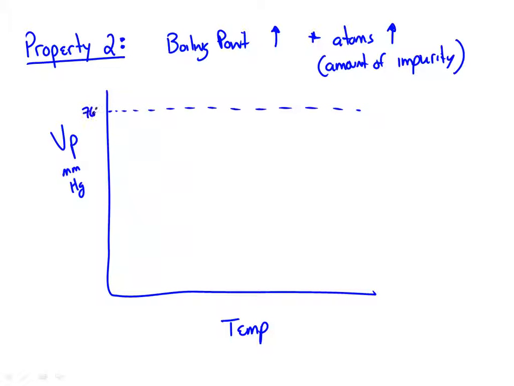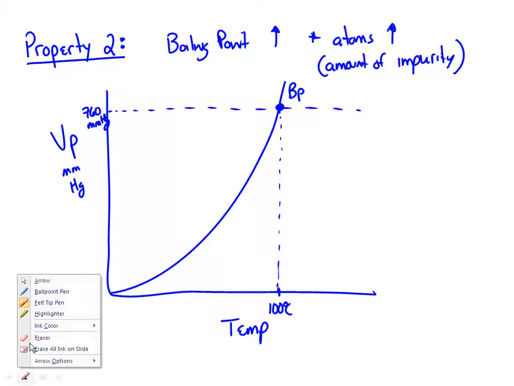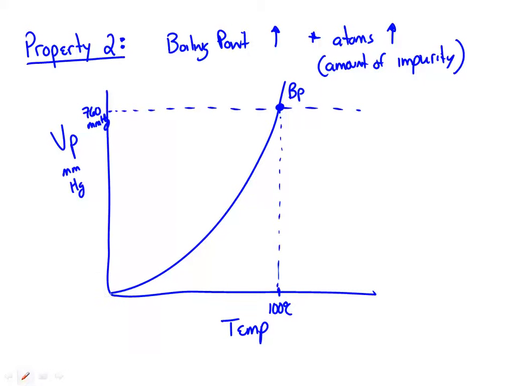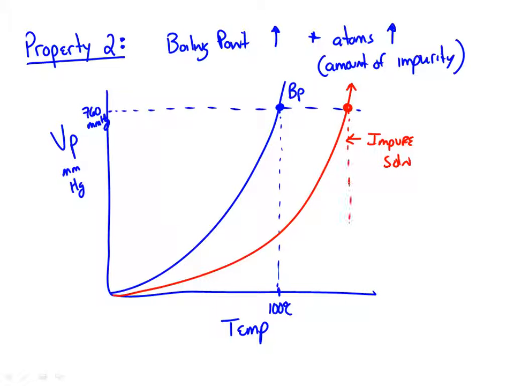If this is 760 millimeters of mercury, we know that for a pure substance it goes like this, and this represents the boiling point. If we drop it down, maybe the boiling point, if it's water, is 100 degrees Celsius. Then if we add that impurity, remember, that causes my solution to decrease in vapor pressure. So this is the impure solution, and notice its boiling point is over here at some other number, say 101 degrees Celsius. The graph is not to scale.